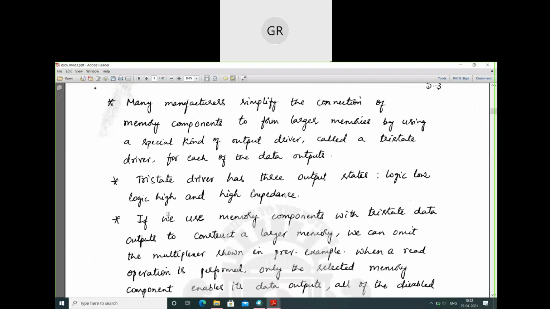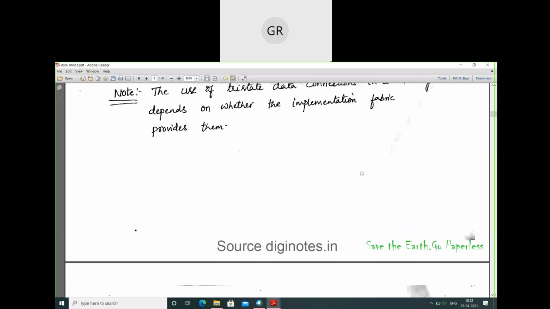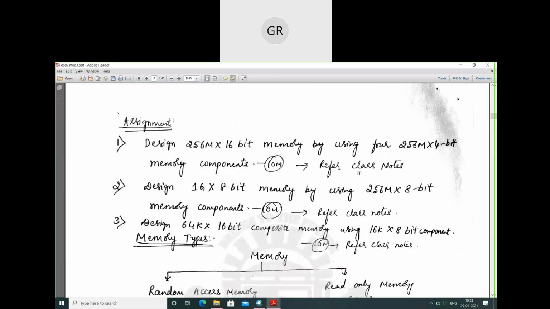This is about the memory construction. Some problems here we'll discuss. 256M into 16-bit memory by using 4 of 256M into 4 bits. See here, memory locations 256M here, also the same here, also 256M.